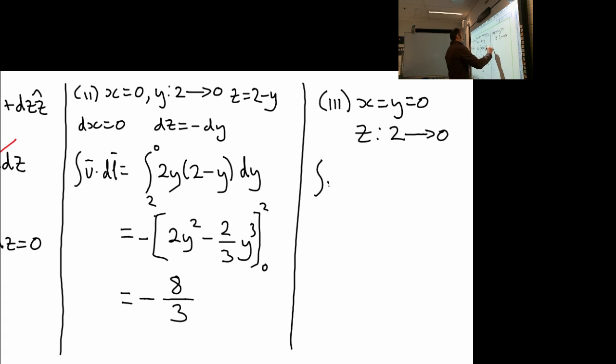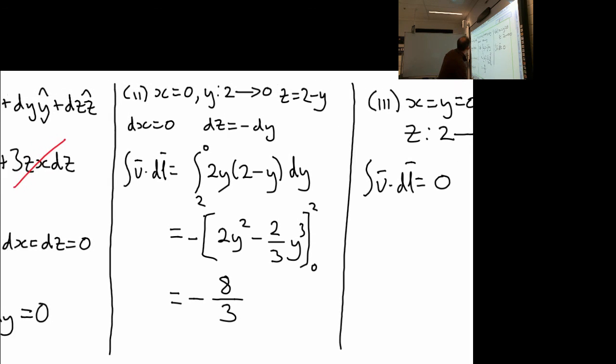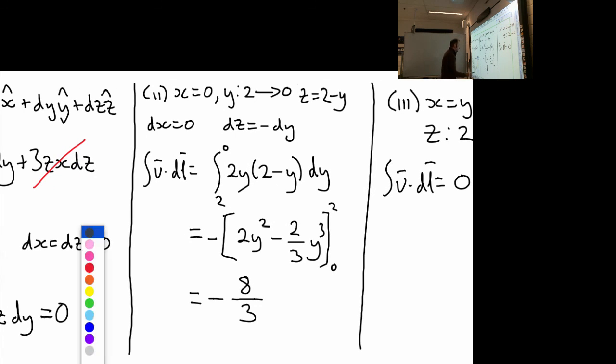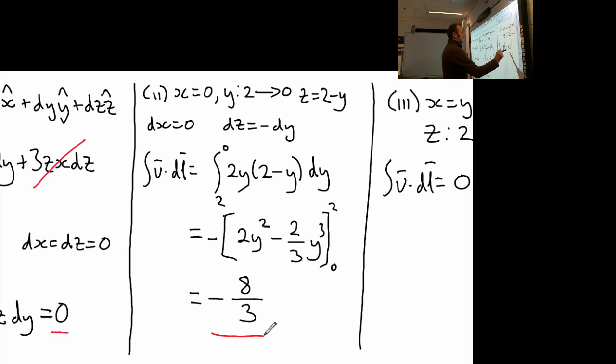And our integral of v dot dl is going to be equal to 0, of course, because y is equal to 0. So now we just have to sum these up. And what we see is we have 0 plus minus 8 over 3 plus 0, which is going to give us an answer of minus 8 over 3.